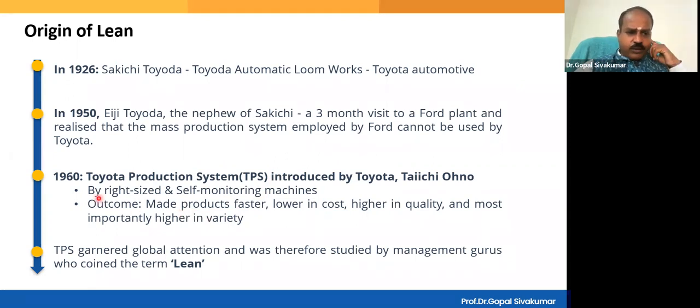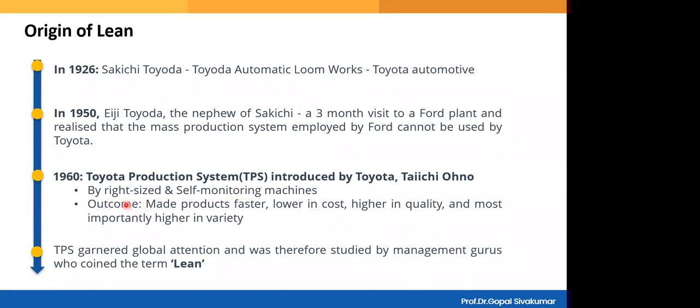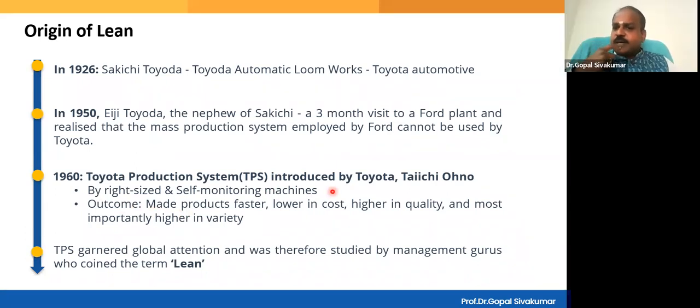Can one of you read out this particular line where the principles are highlighted? Right sizing and self-monitoring measures. Right sizing means resources are provided only in required quantity. For example, your learning journey is limited to only 4 days, limited to only 6 days. You know why it is fixed?